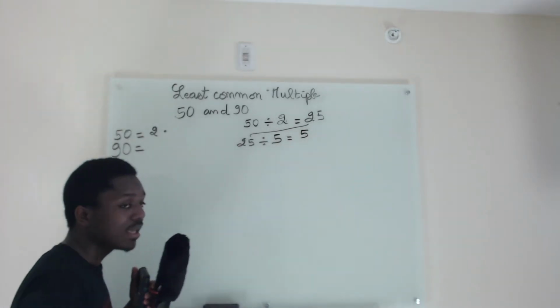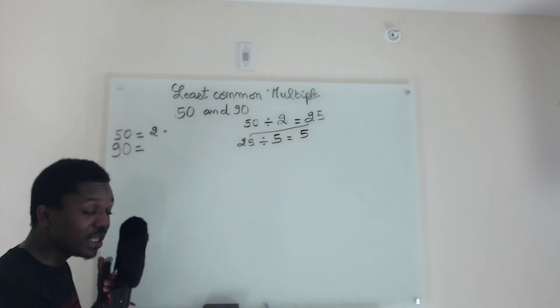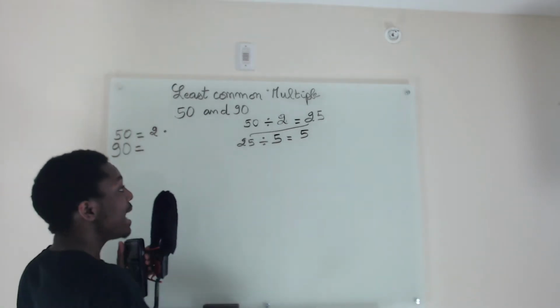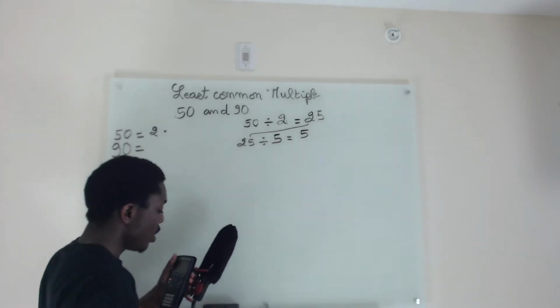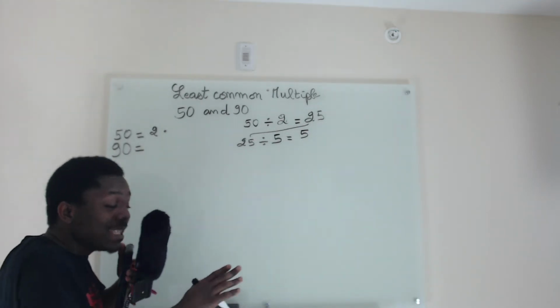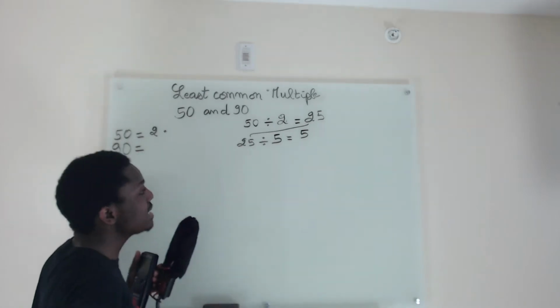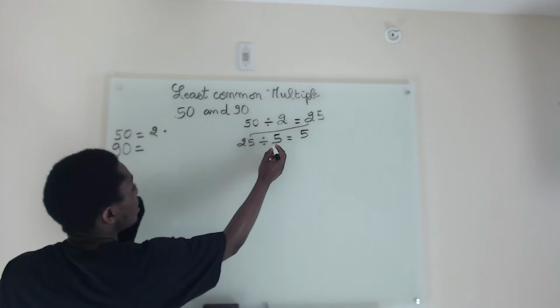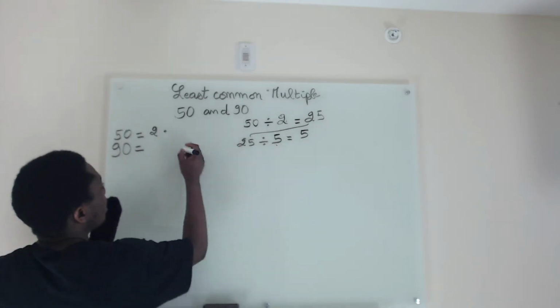In this case, after performing the division of 25 by 5, I ended up with a very nice number, a number that doesn't contain a decimal point. So I take this number 2 right here and put it here.